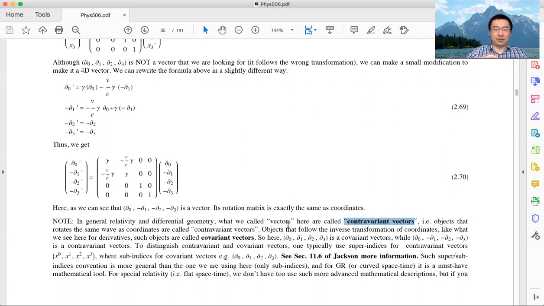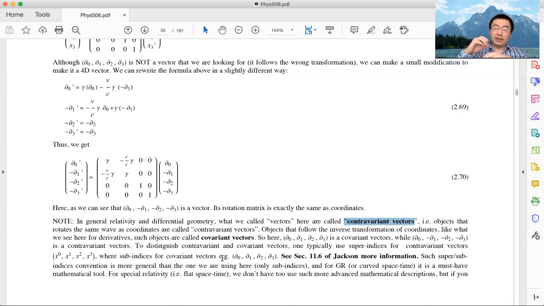We can live without introducing these two concepts. In most parts of our lecture, we will not introduce this terminology. When we say we have a vector, we actually mean a contravariant vector. We don't use covariant vectors in most parts of our lecture. Occasionally, I will show you formulas that distinguish contravariant and covariant vectors.